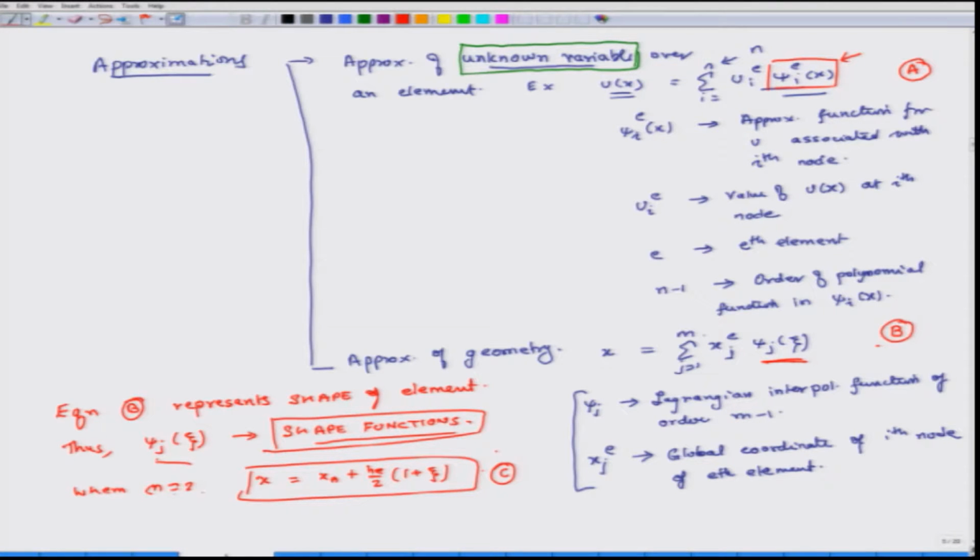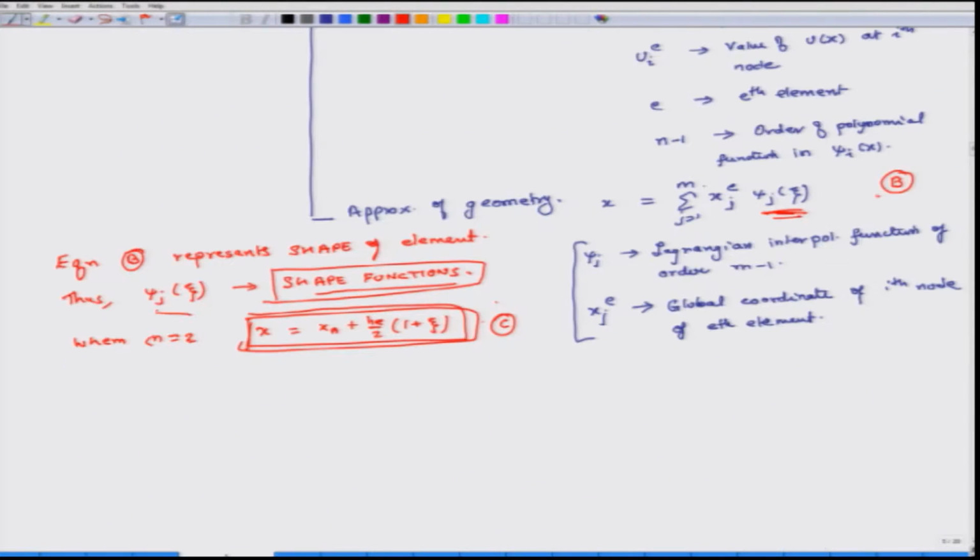But when m is 3, this equation is not valid, this equation is valid, but then you have to construct those different shape functions using this formula and plug in there, and you will get this relation between x and zeta. So, this is important to understand.